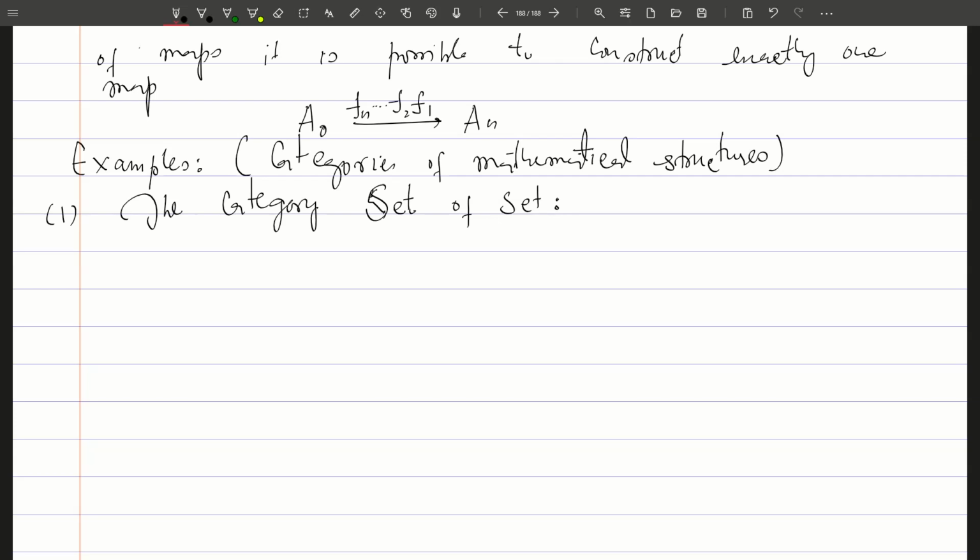Now in this category, its objects are sets, and the morphisms are all set functions.